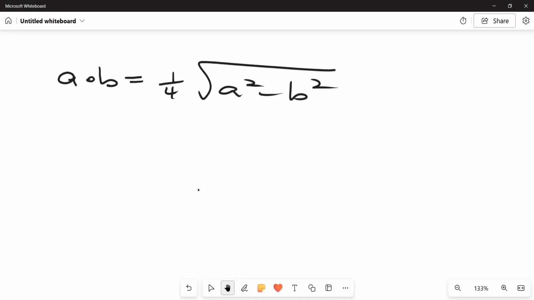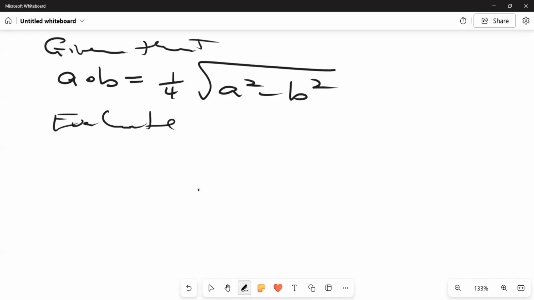And then they ask: given that the binary of A and B is this, evaluate the binary of 5 and 3.